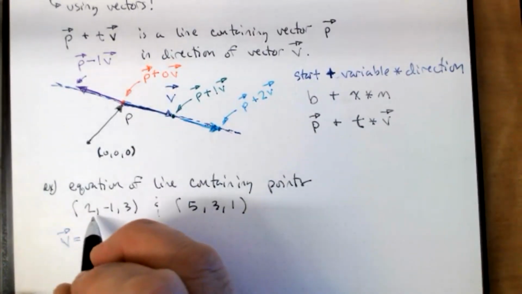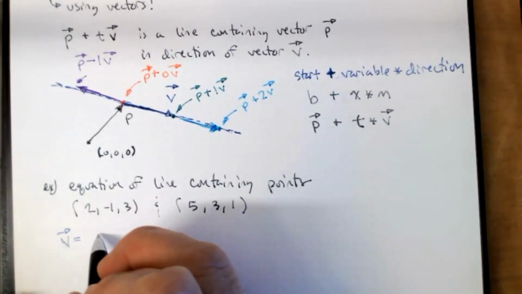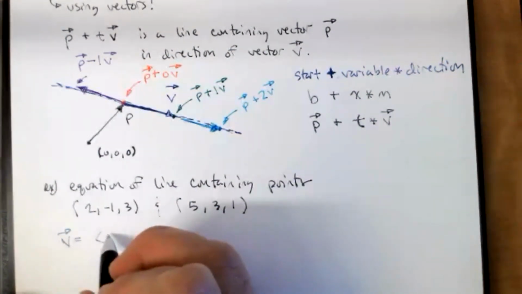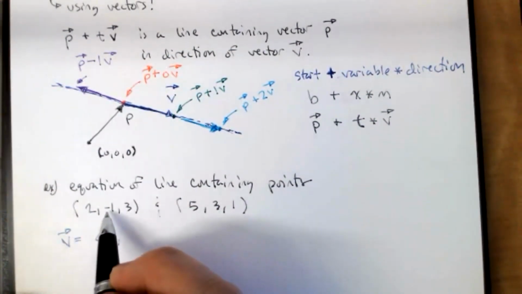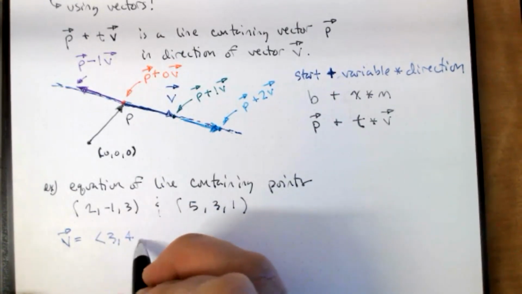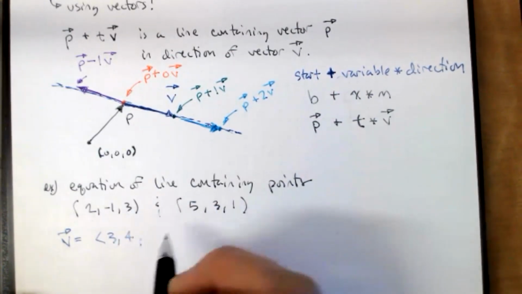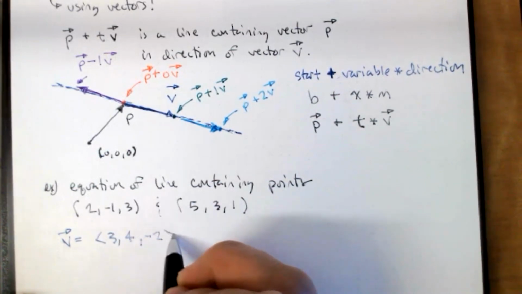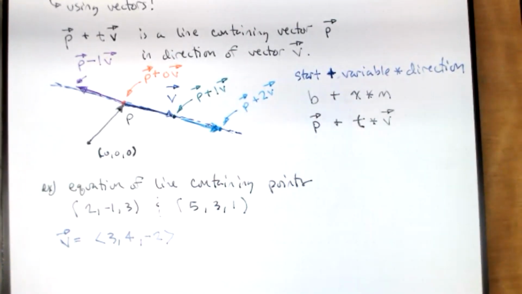It looks like if we start at 2 and end up at 5, we increase by 3. If we start off at 1 and end up at 3, we have increased by 4. And if we start off at 3 and end up at 1, we have decreased by 2. We just look at what happened.